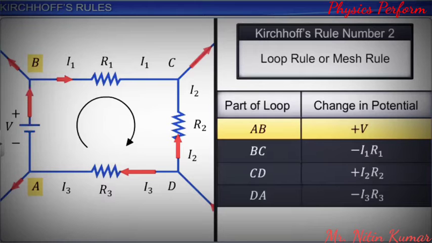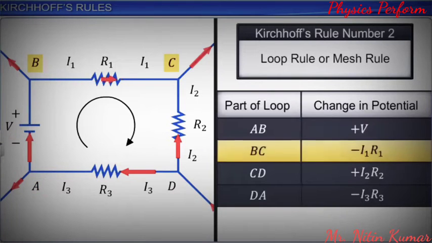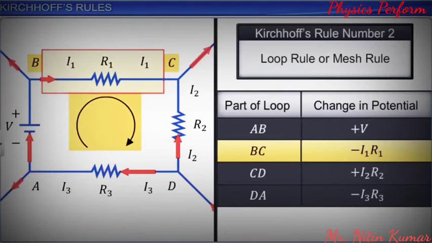Therefore, the change in potential is plus V, which is the voltage of the battery. BC. Current I1 is passing through R1. The direction of current I1 and the direction of walk-through is the same. The change in potential is minus I1 into R1.